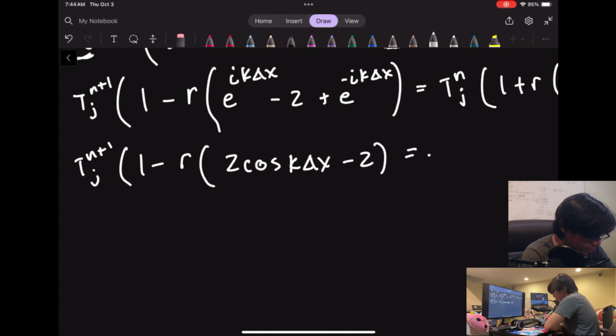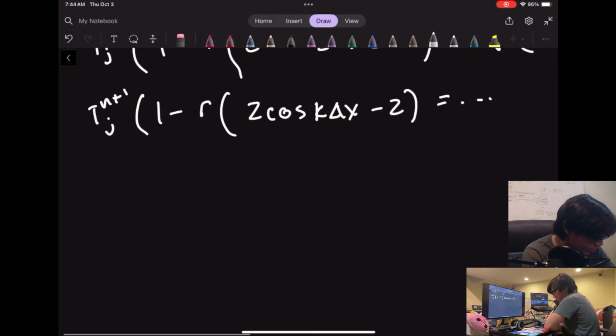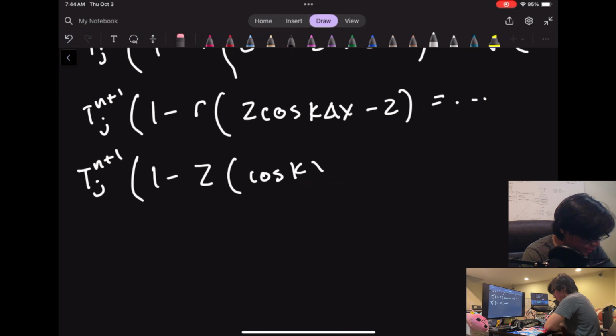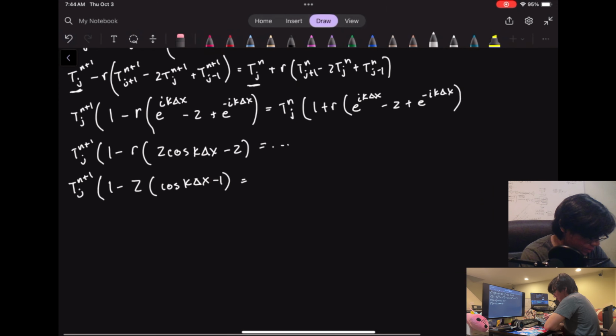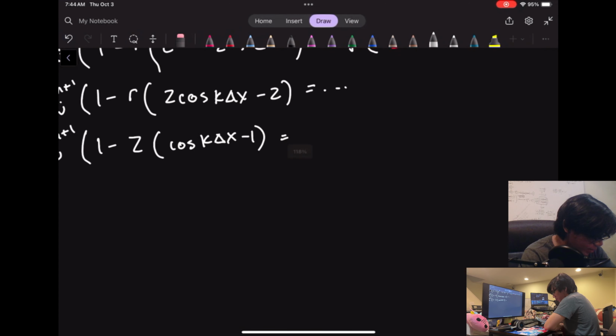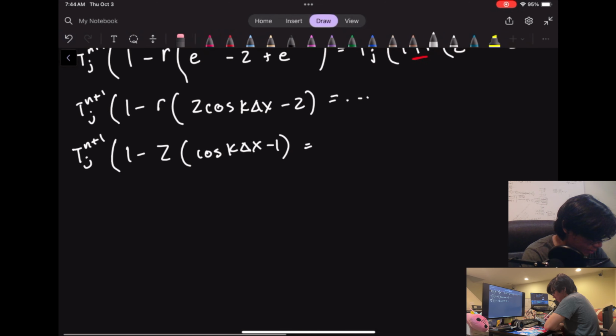Then you'll see that we can factor out the 2 here, just some basic algebra. And then we're left with cosine k delta x minus 1. So it's the exact same here, except now you'll notice the only difference is this 1 plus r. So I'm just going to copy all of that down as a 1 plus 2r here. And that is at the current time, not the previous time.